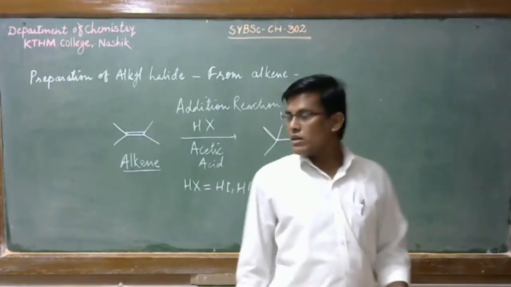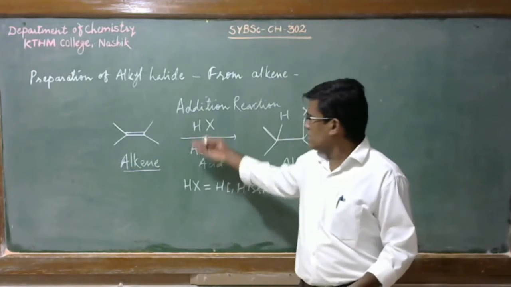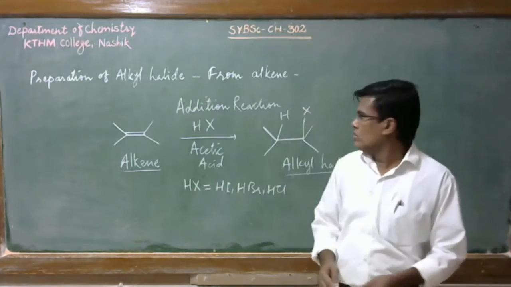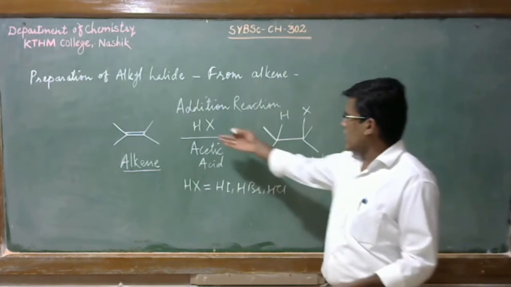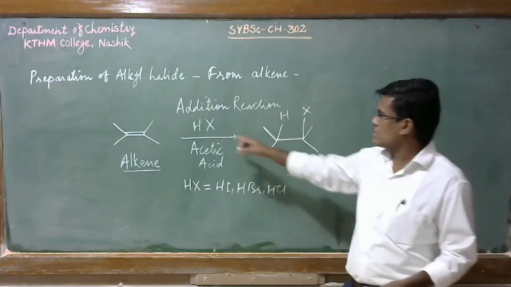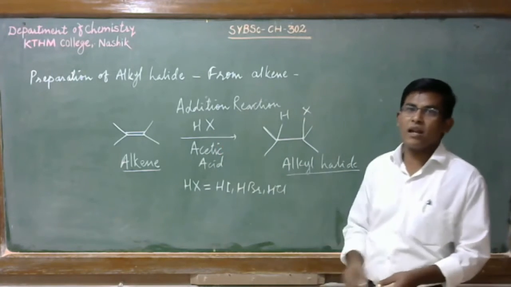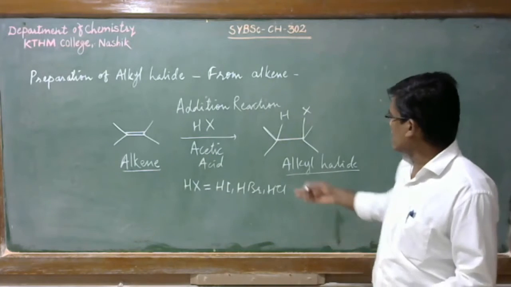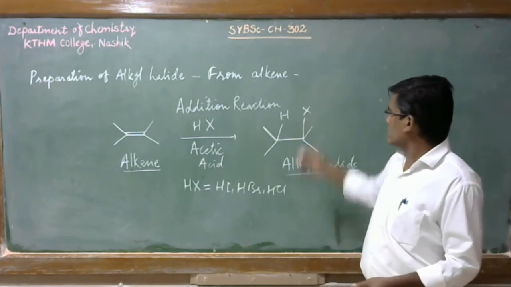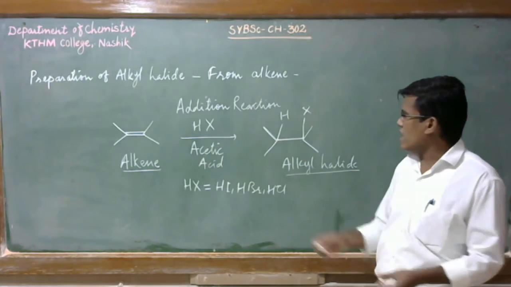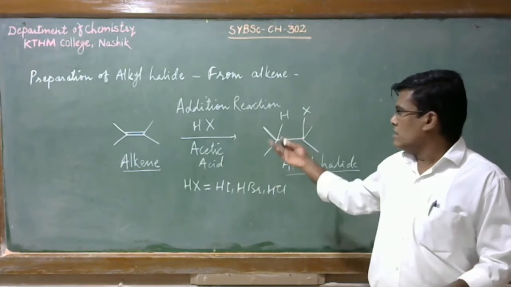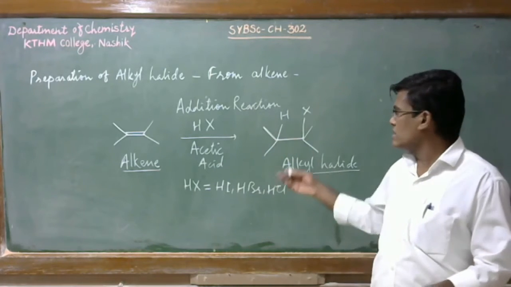Here you can clearly see that H and X both add: the hydrogen adds to one of the carbons, and the halide ion adds to the other carbon. In this way the addition reaction of hydrogen halide with alkene takes place.